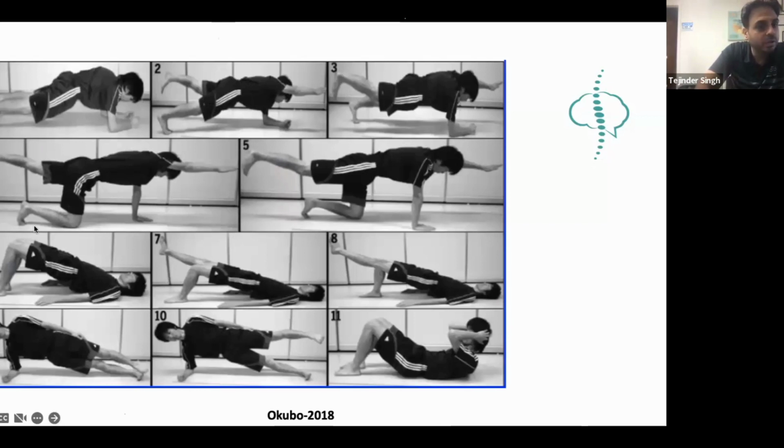This is bird dog with arm and leg in quadruped position. Then they did bridge with single leg lift, same side, opposite side, and plank with leg lift and curls. What do you think is the most preferable position to activate multifidus as far as research is concerned?